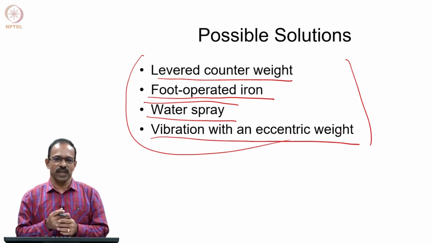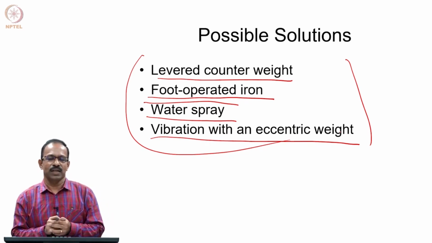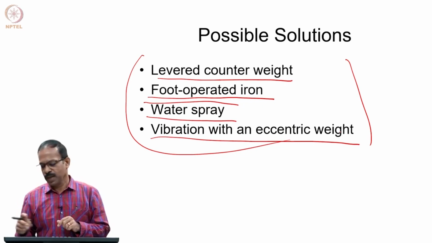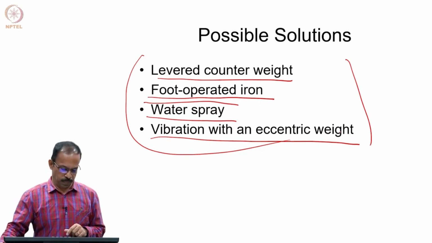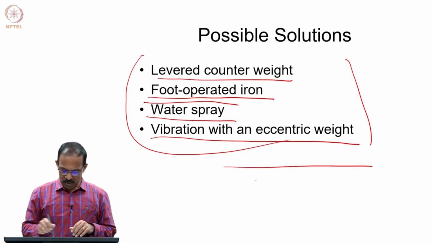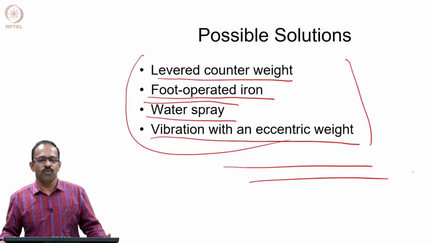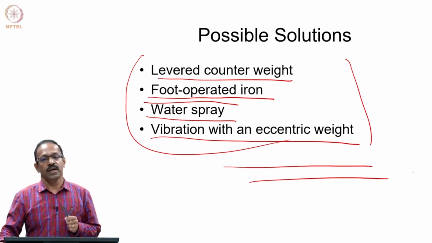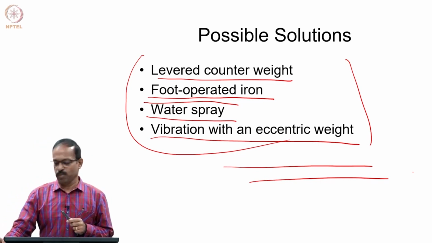Without increasing the weight of the iron box, they are able to provide the necessary force for the clothes to remove the wrinkles. So, that is the possible solution. This is how we use the TRIZ methodology to solve design problems.